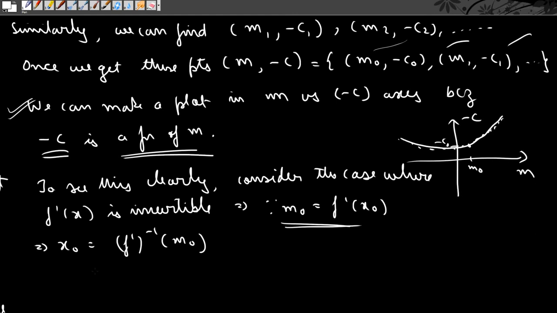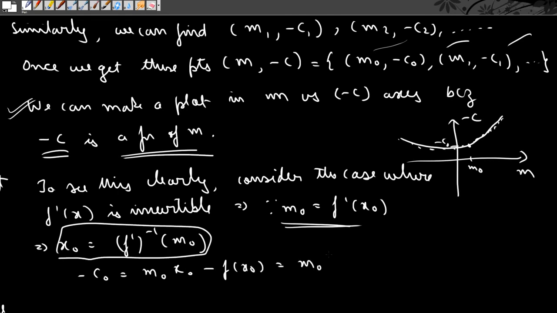So our equation for minus c naught will now become m naught into x naught minus f of x naught, which is now going to be m naught into f dash inverse of m naught, minus f of f dash inverse of m naught.